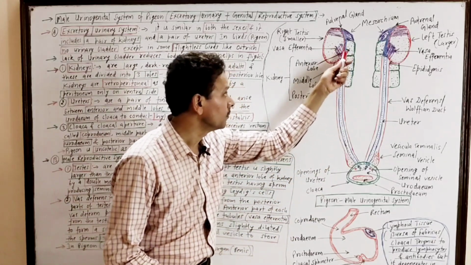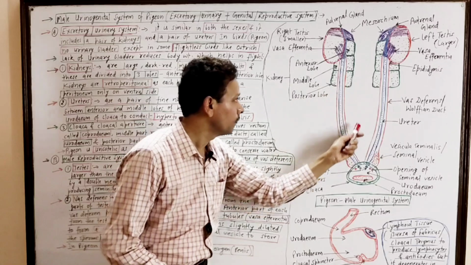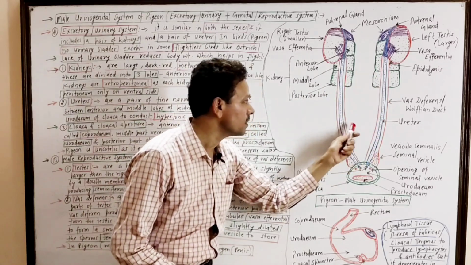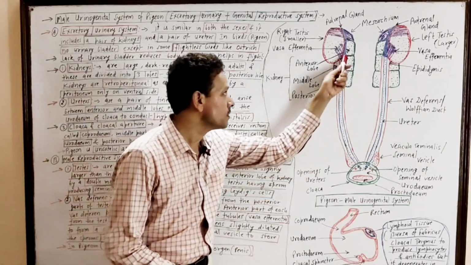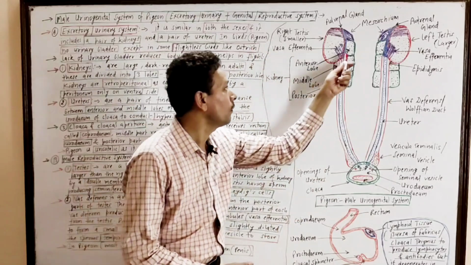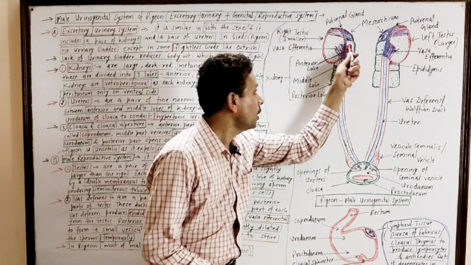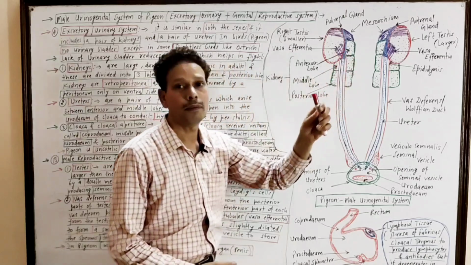From each kidney, a pair of fine ducts, and these are ureters. These are narrow ducts, and these ureters arise from the part between the anterior and the middle lobe.